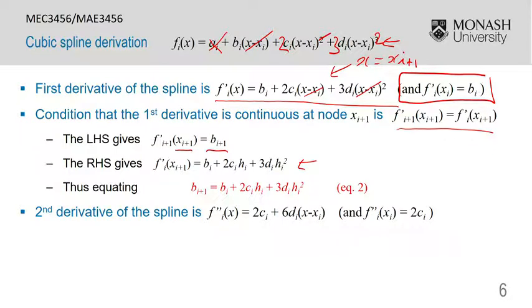We can do a similar thing for the second derivative of the spline. So if we take this expression up here, we take the first derivative of that, the bi term disappears, we end up with twice ci plus 6 di times x minus xi. And of course, if we substitute x equal to xi into this expression, we just have that the second derivative of the ith spline at xi is equal to twice ci.